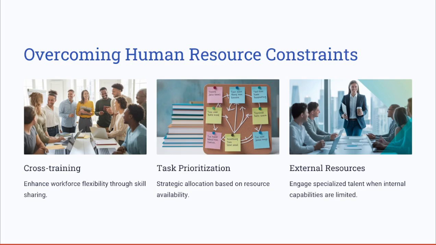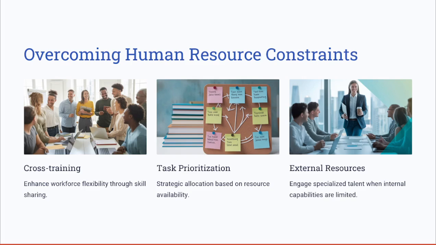Also, prioritizing tasks based on the available skills ensures that the critical activities proceed without any delays. For example, here, let's say in a hospital expansion project, cross-training nurses to handle multiple specialties ensures that the operations continue despite staff shortages.